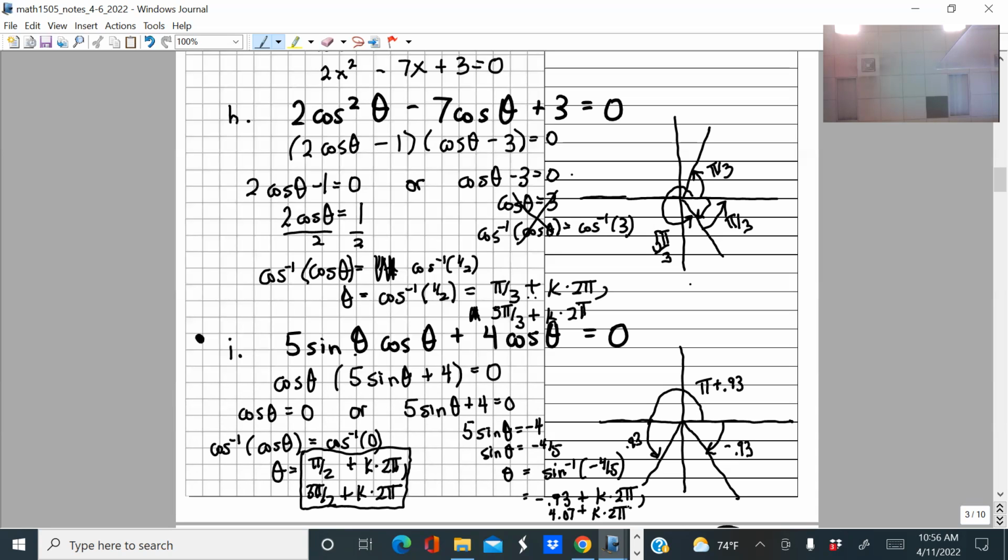Well, that one's pretty tough, right? That's about as hard as they get, I think, solving these trig equations. So you get all kinds of solutions here. That's going to be challenging just to type into WebAssign, all of those solutions.